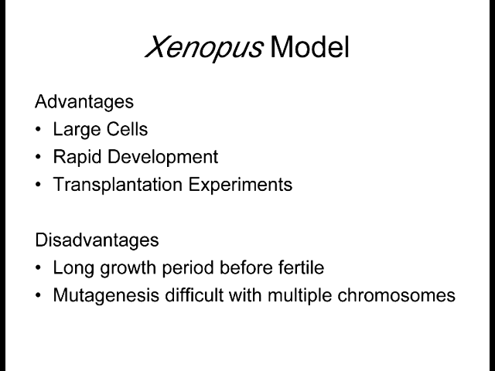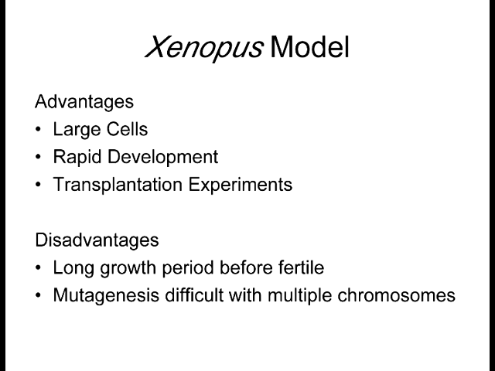Now, we can use other organisms for this as well, but frogs in particular are more advantageous for these transplantation experiments. Now, unlike Drosophila, which are great for genetic studies, Xenopus are not very great for genetic studies because, like us, they have multiple chromosomes. And it gets very difficult to show one-to-one relationships between mutagenesis of a particular gene and the resulting developmental defects that come from that.